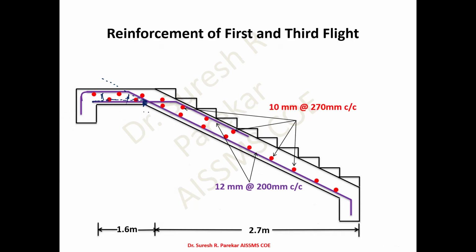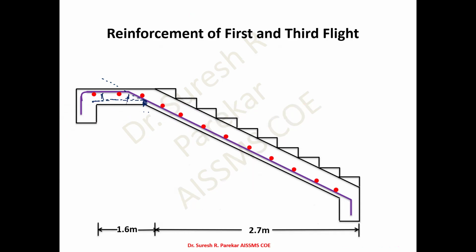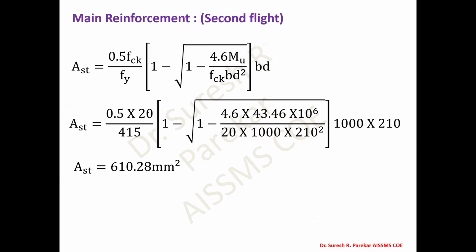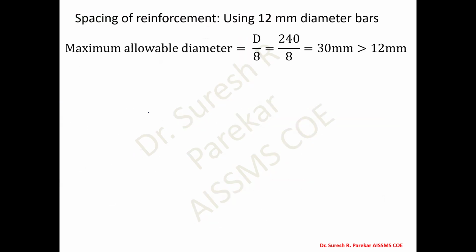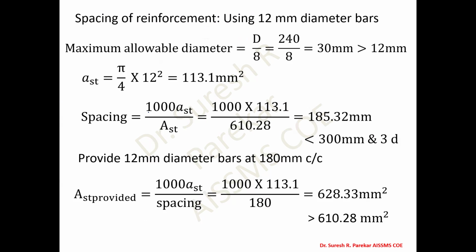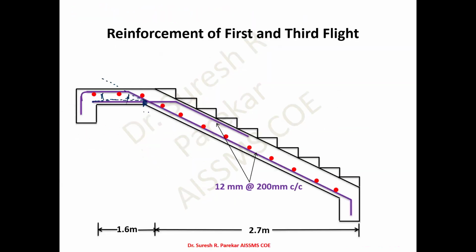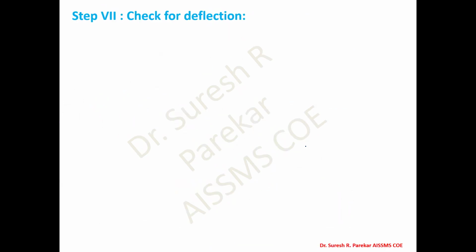So likewise we have to provide distribution reinforcement 10 mm 270, and main reinforcement, sorry, this is 12 mm. In first flight, 12 mm 90, and in second flight we have 12 mm 180. So that correction that remained, this will be 190. Is it 10 mm 270?